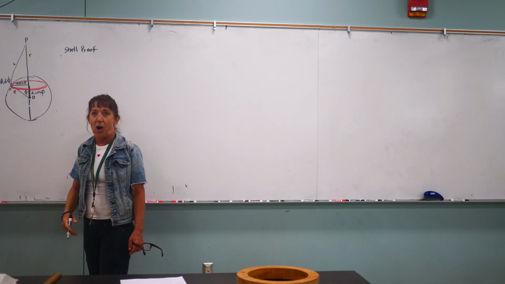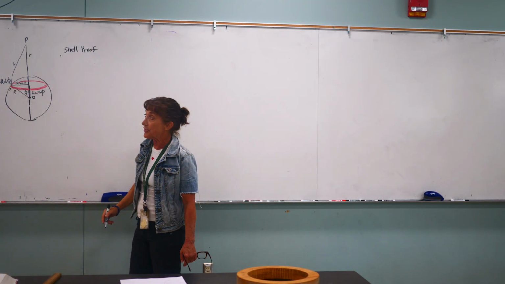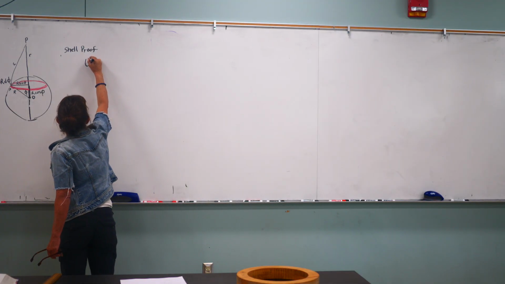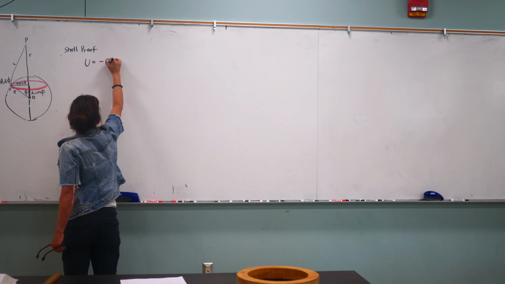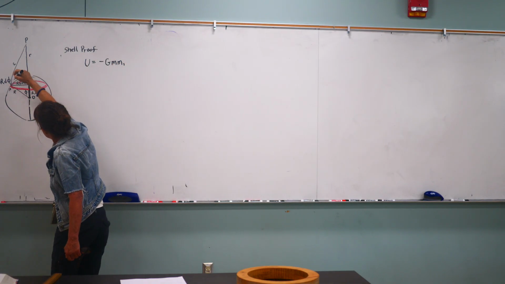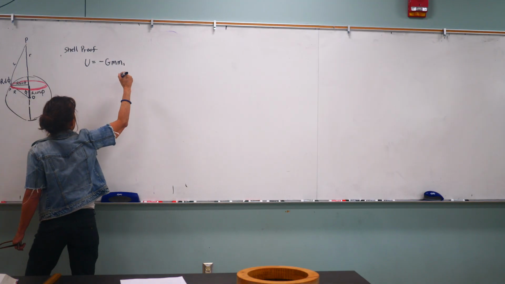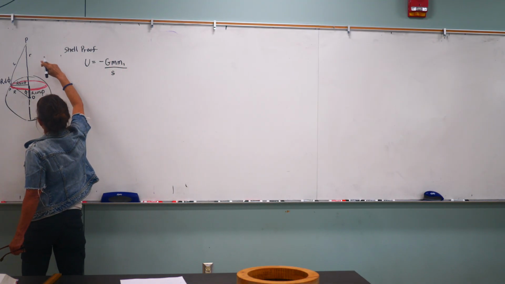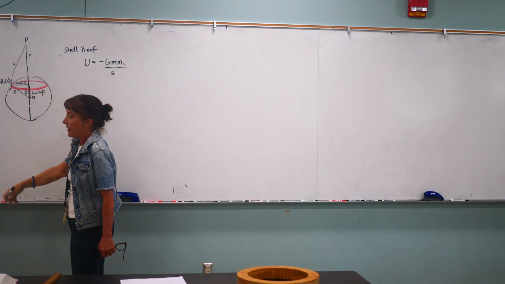So once again, from our definition of potential energy, U equals negative G M m_i, that's our little ring that we're going to take, over S. And this is our S distance. Okay?